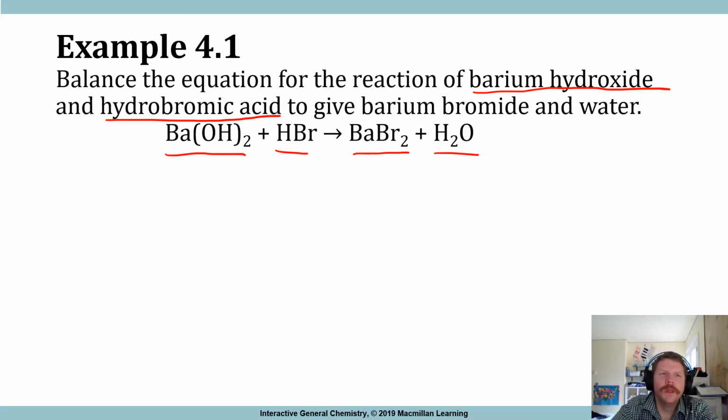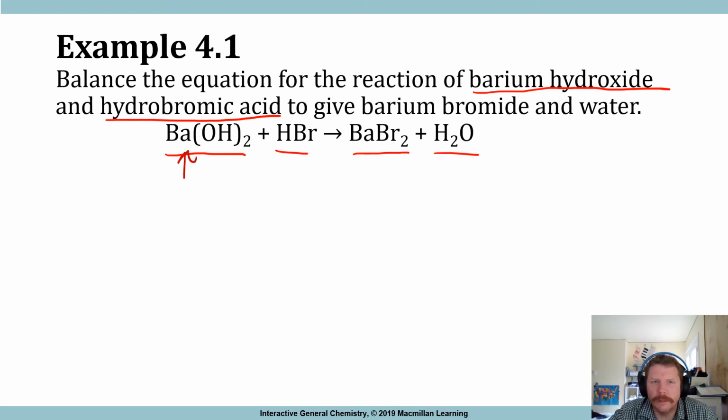So what our steps asked us to do was to first identify any elements that are present in both the reactants and the products, but only in one molecule. And I see a couple of those. The first one that stands out to me is barium.